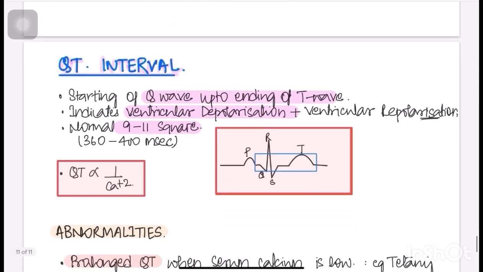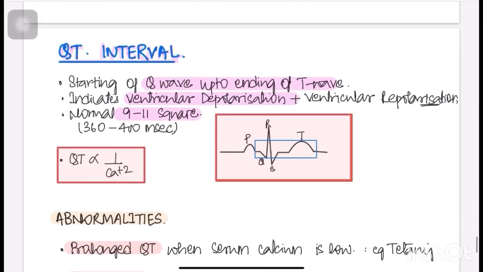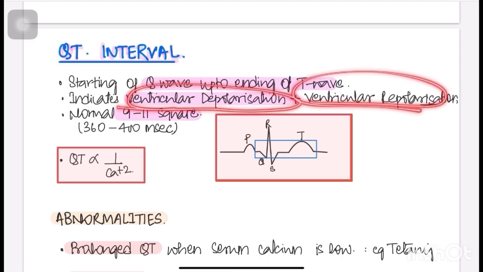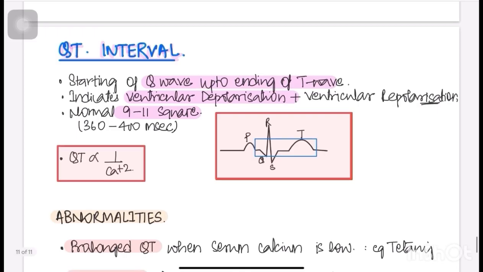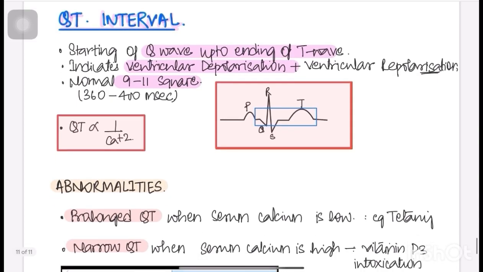So now let's come to the QT interval. It starts from the Q wave up to the end of the T wave. It indicates ventricular depolarization plus ventricular repolarization, and normally it would be 9 to 11 squares, that means 360 to 400 milliseconds.